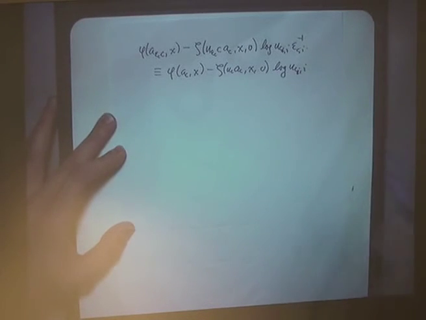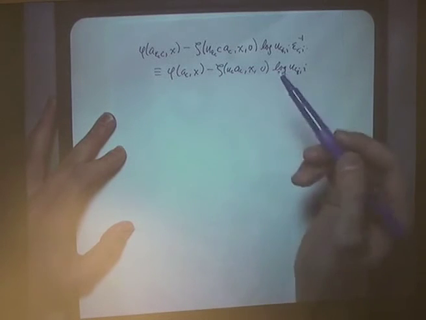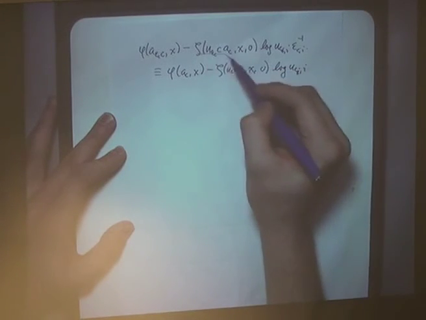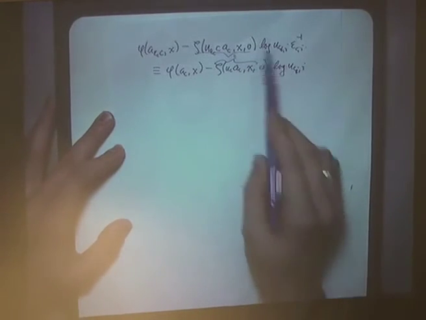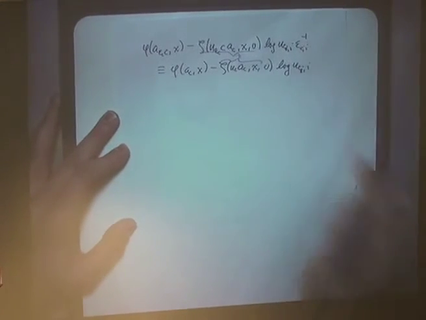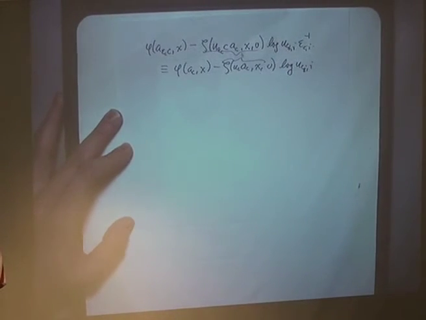Okay, and the values at 0 we pointed out are independent of our rotation matrices, so these things are actually equal. So when we express the logarithm of this product as a sum of logarithms, the terms involving the UCI's cancel.